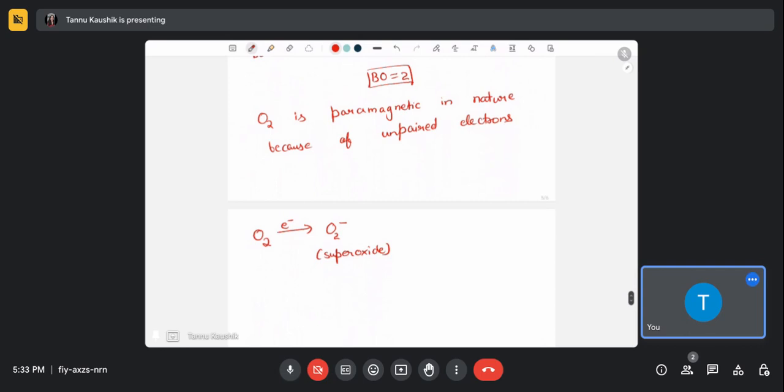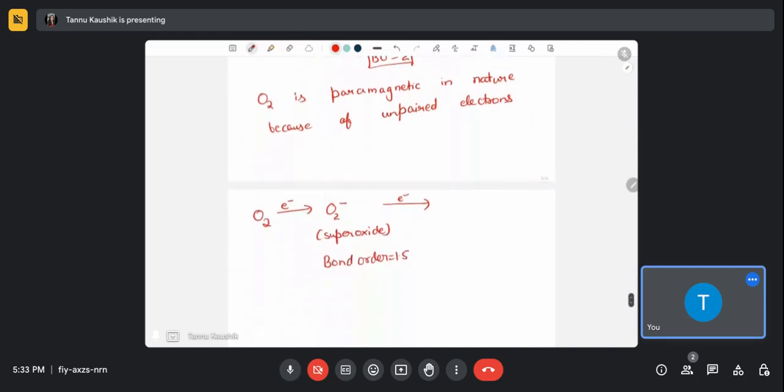So O2 minus will have a bond order of 1.5, and if we add another electron to the O2 molecule, it will become O2 2 minus, which we call peroxide, and it will have a bond order of 1.